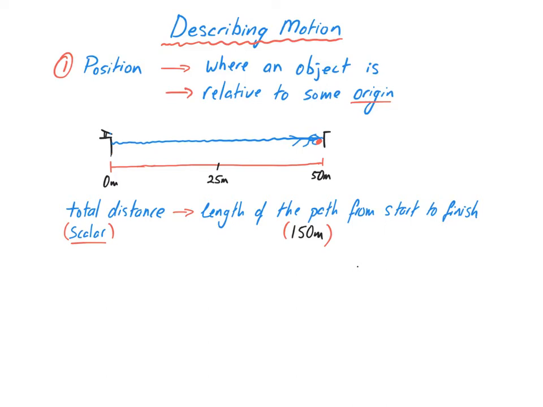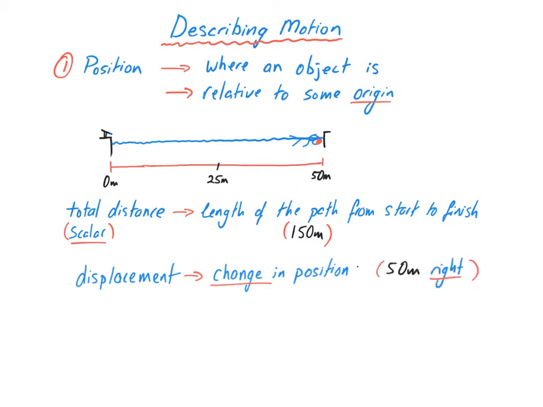describe. Another way of describing this motion is by using the term displacement. This is equal to the change in position of the swimmer. Here, the change in position is from the 0 metre mark to the 50 metre mark. So their change in position or displacement is 50 metres to the right here.